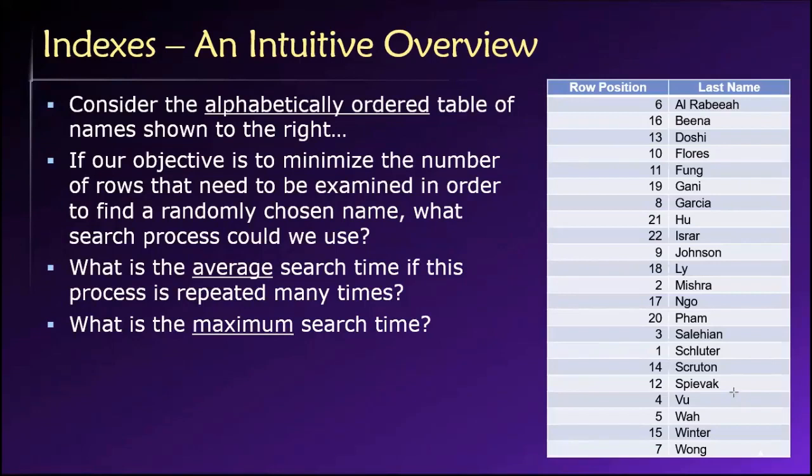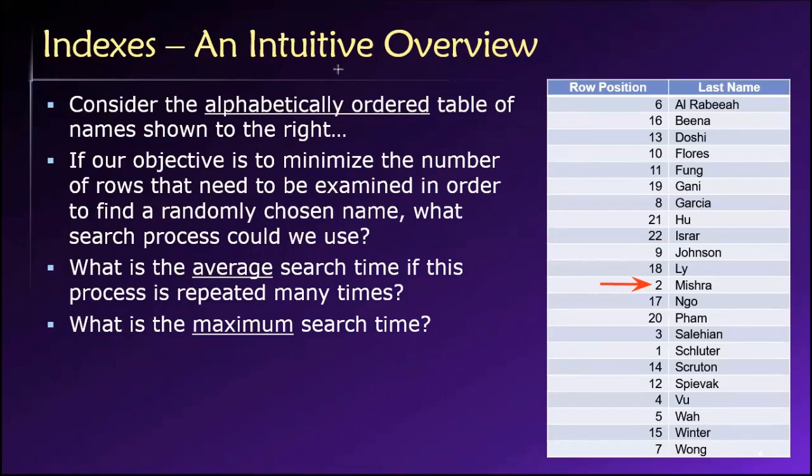In this case, we have 22 rows, so we don't have an exact middle. We could just do +1 or -1 from the middle. So let's say we pick this one, which looks approximately in the middle to me. And here is where the power of these indexes comes in, or the strategy of alphabetizing things.